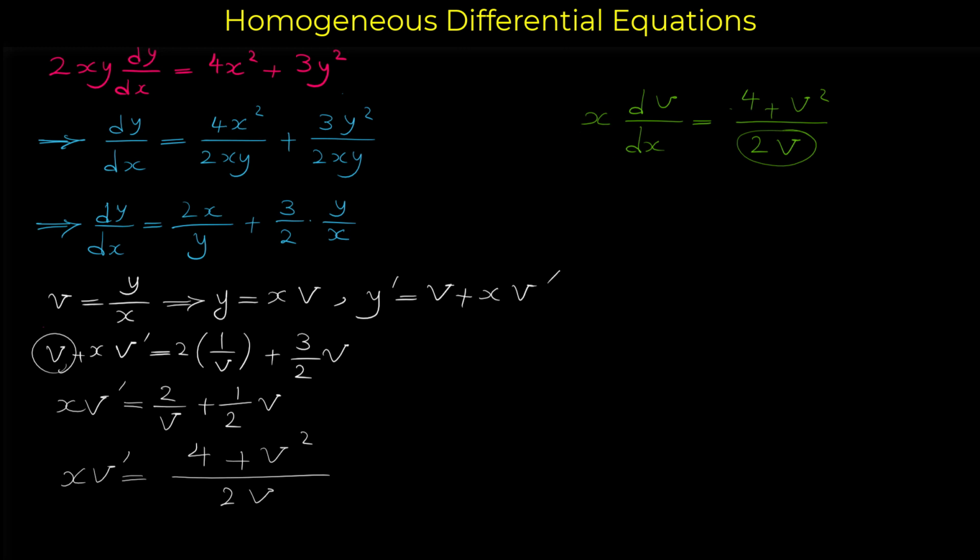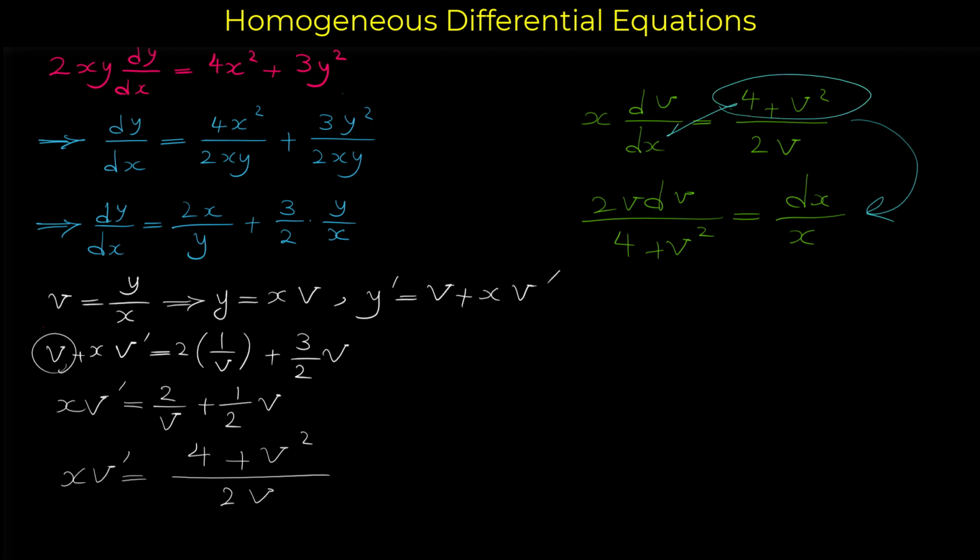So after doing this we get to this differential equation: 2v dv over 4 plus v squared equals dx over x. So again let me show you what happened from here to here. 2v goes up like here.